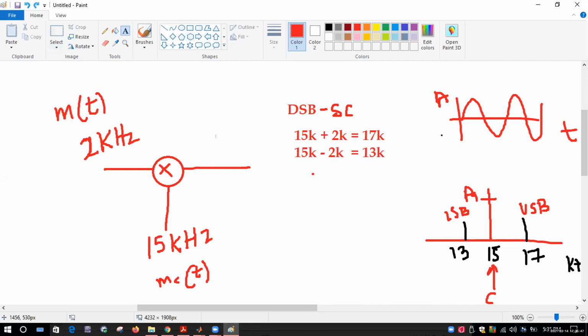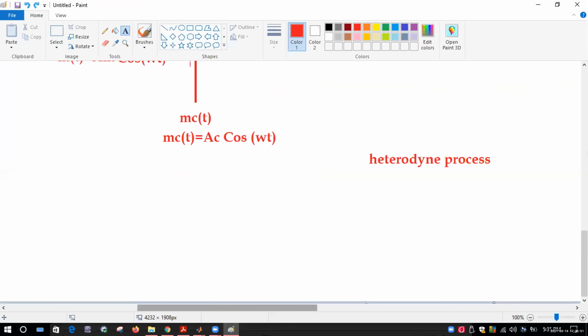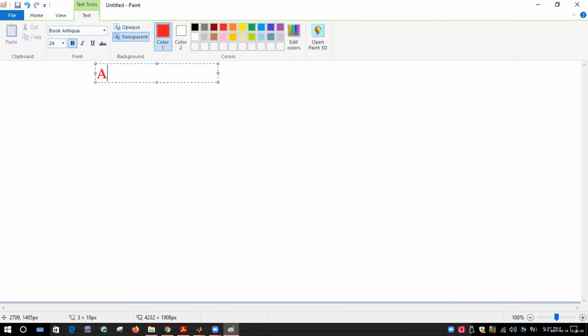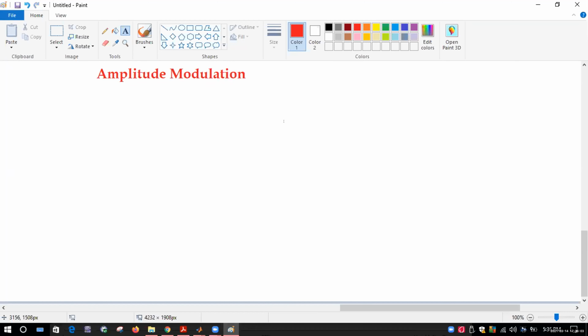Since we are changing the amplitude of the carrier, one thing I forgot to tell you is what is amplitude modulation. Okay, until now I explained what is modulation or what is mixing. Modulation means when we mix the carrier and the message signal.